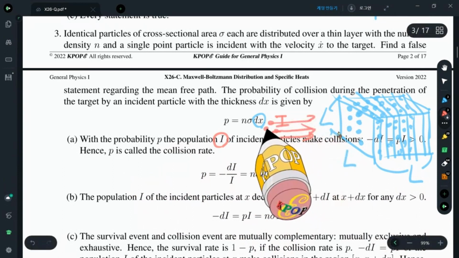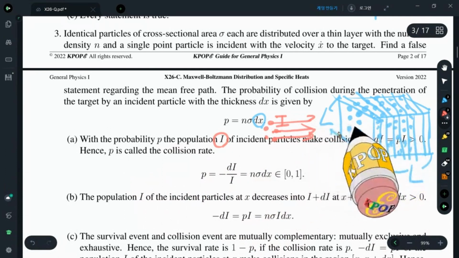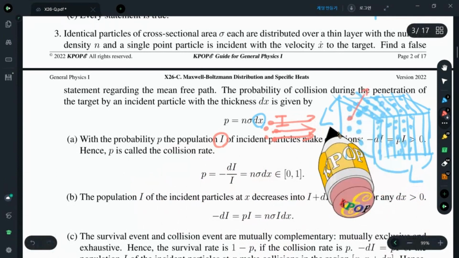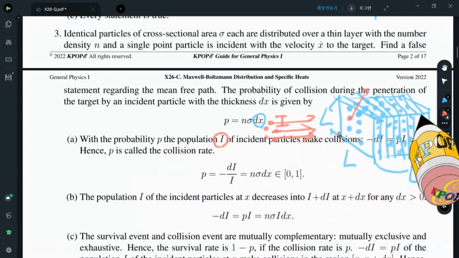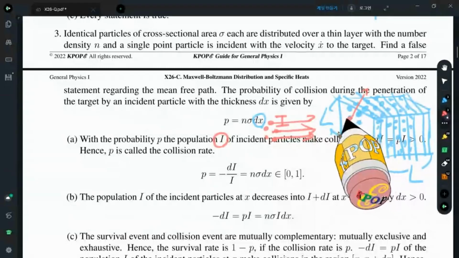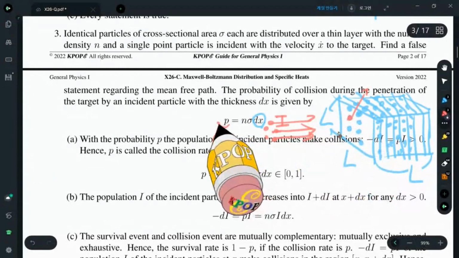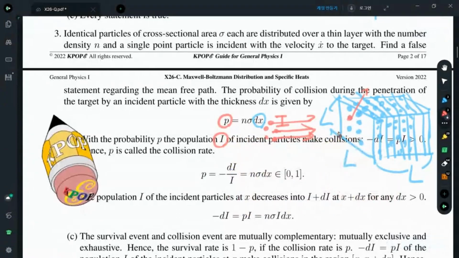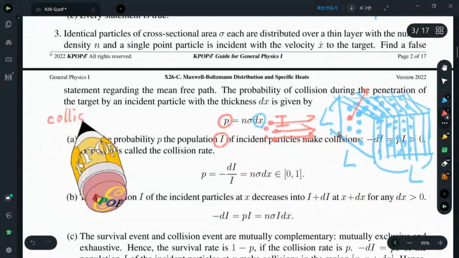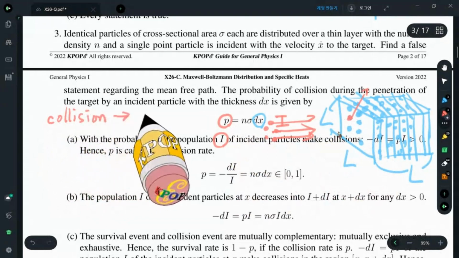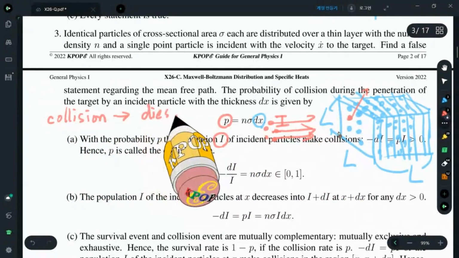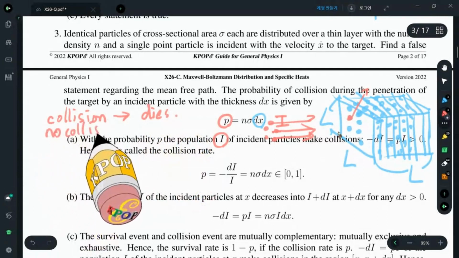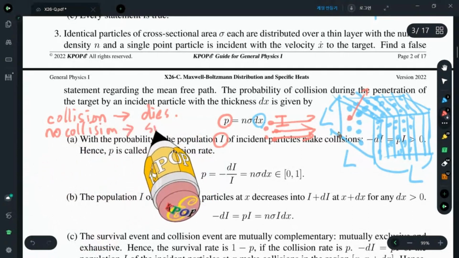Particles are incident on this target, and they will hit the target. As soon as it hits the target, it cannot go further. So as soon as it makes a collision, it dies. No collision, it survives.